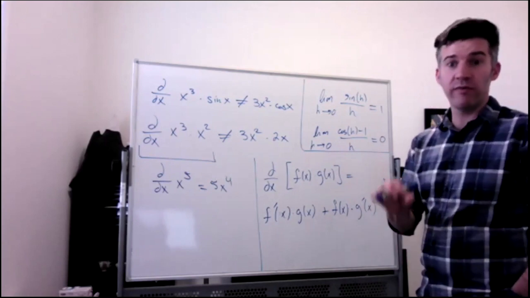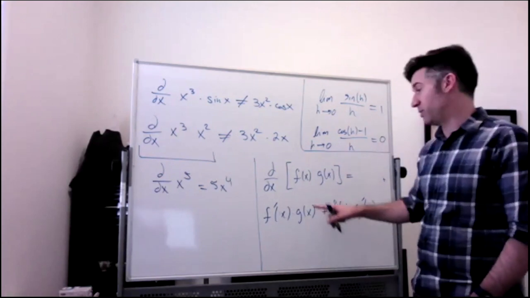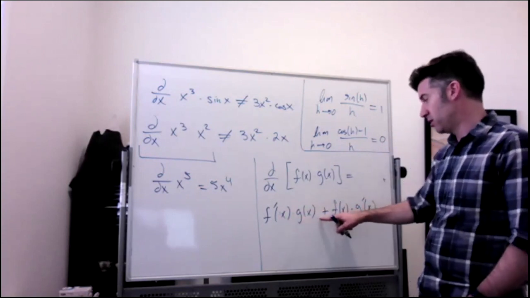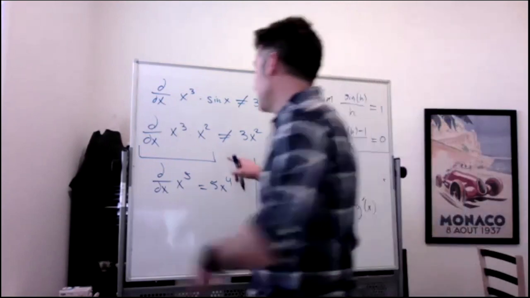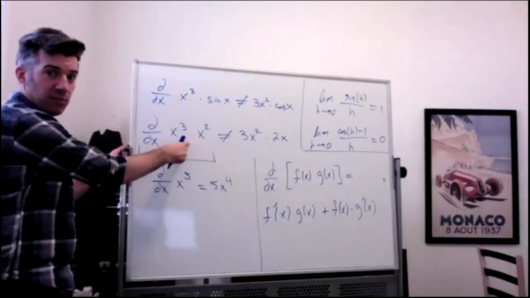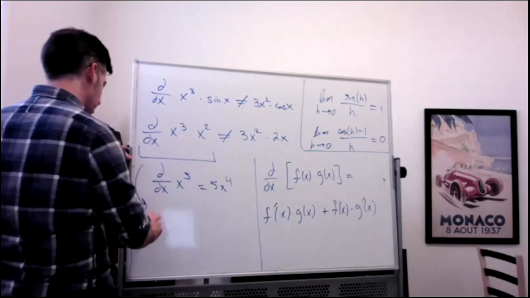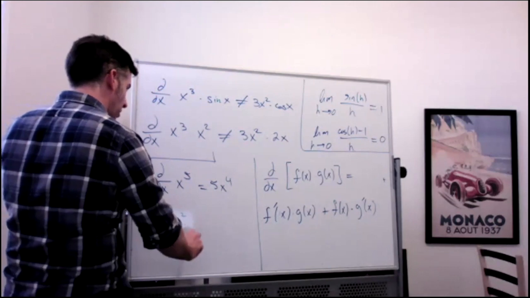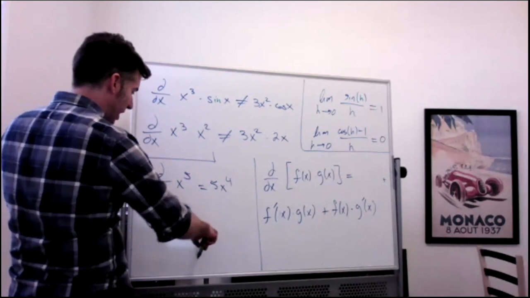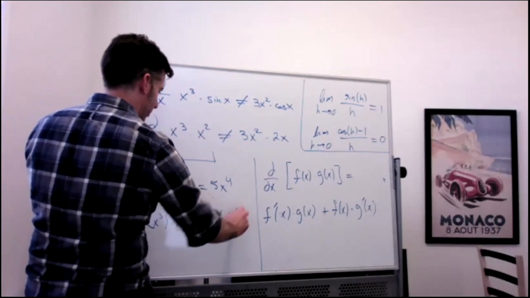So if you're doing the derivative of a product, there should always be some addition. It should always be derivative times the not derivative plus the other not derivative times derivative. Let's see if that works for this example. The derivative of x cubed times x squared should be the derivative of x cubed times x squared plus the not derivative of x cubed times the derivative of x squared.